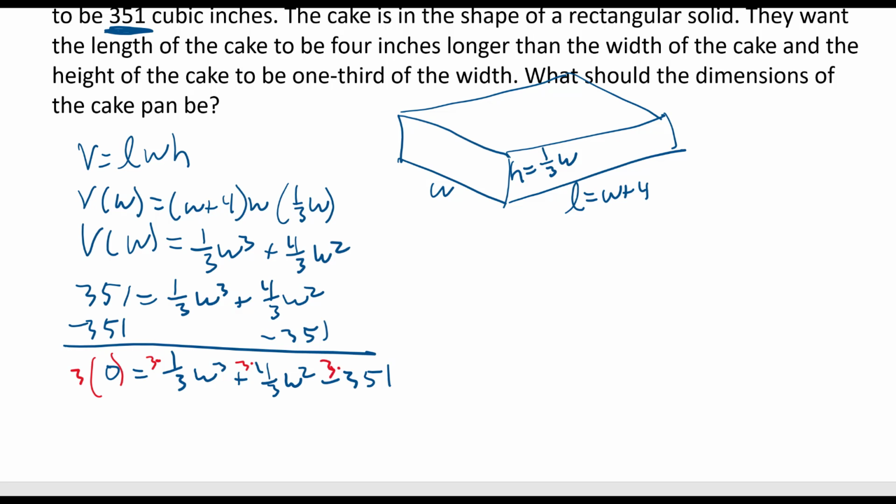We're going to have 0 equals W cubed plus 4W squared minus, and 3 times 351 is 1053.